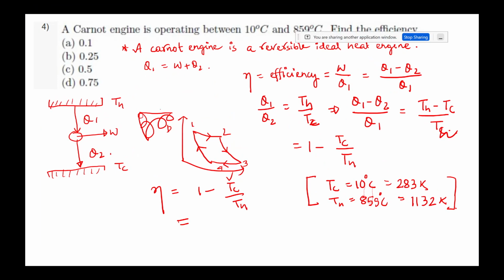So this is 1 minus 283 divided by 1132. Oh, this is 1 by 4, so 1 minus 1 by 4, so this is 0.75. So option D is the correct one. Okay, thank you, Renuka.